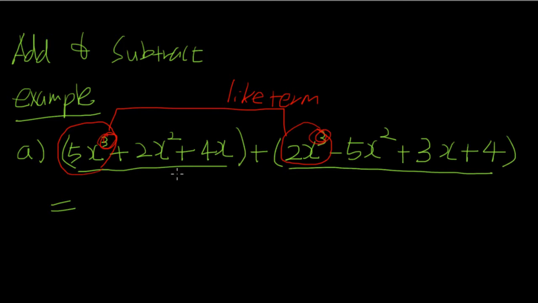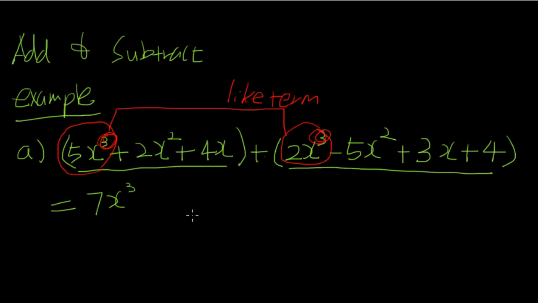So when you add or subtract, you can only combine the like terms together. You combine the number in front only. You have 5 and 2. When you add, that becomes 7, and that becomes 7x to the third.